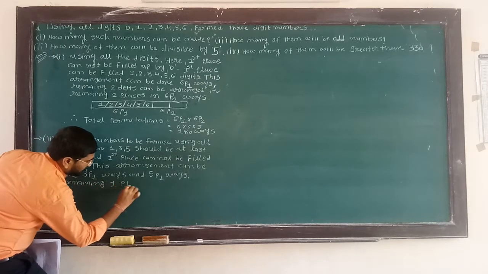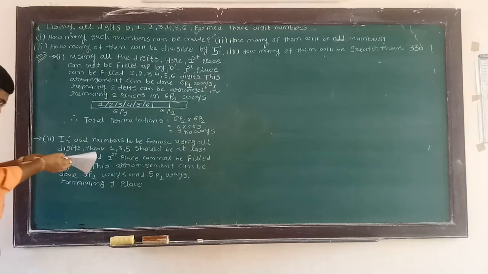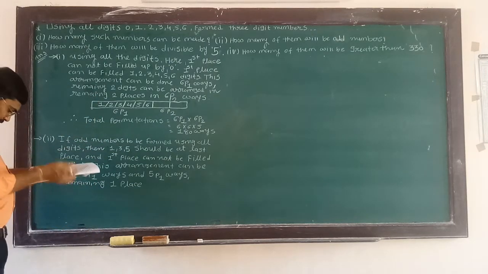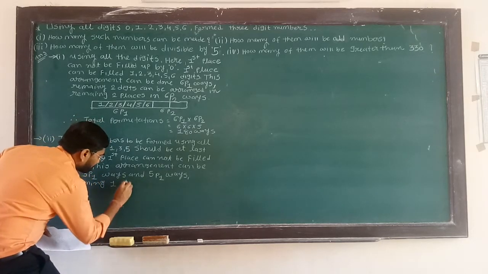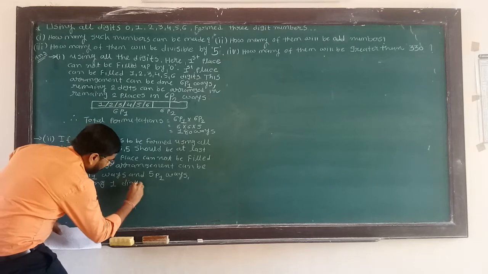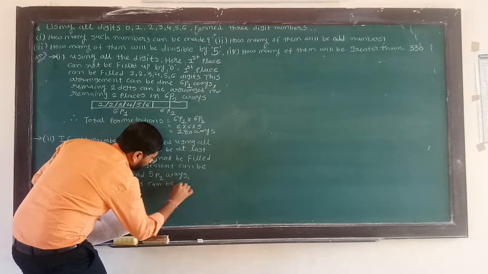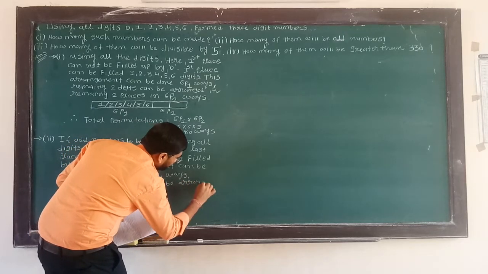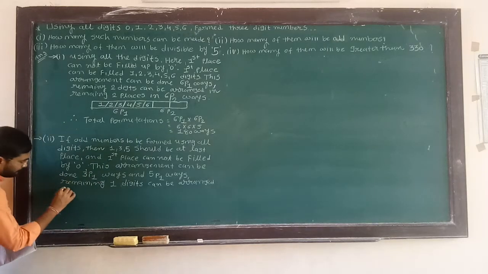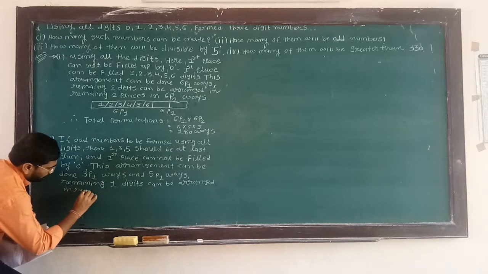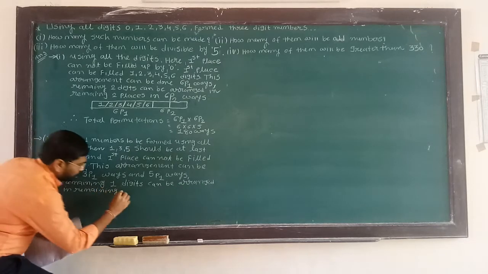Remaining one place. See the students, here the middle place is remaining. So we write one digit can be arranged in the remaining one place.